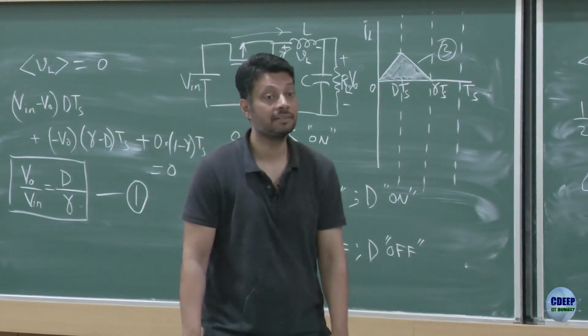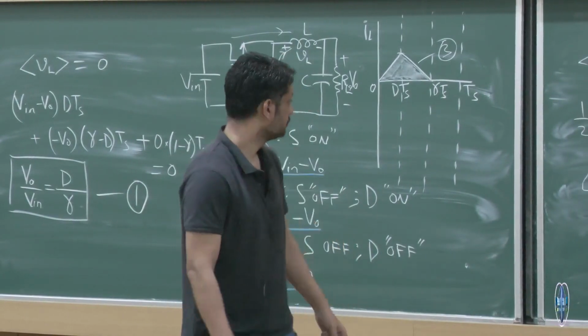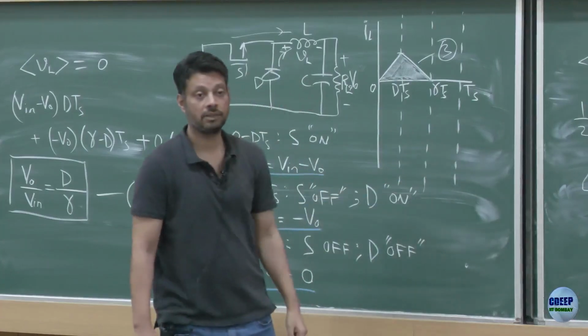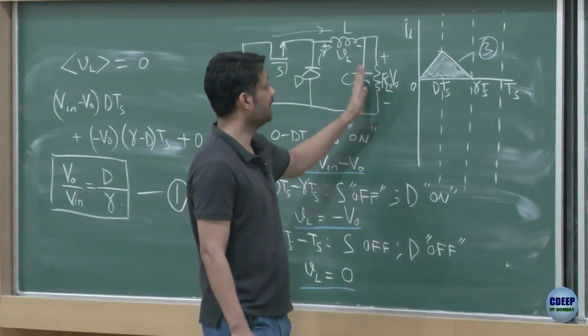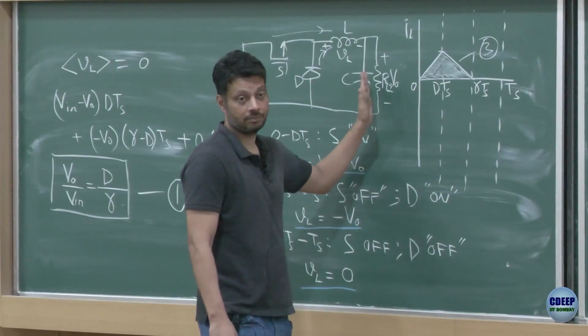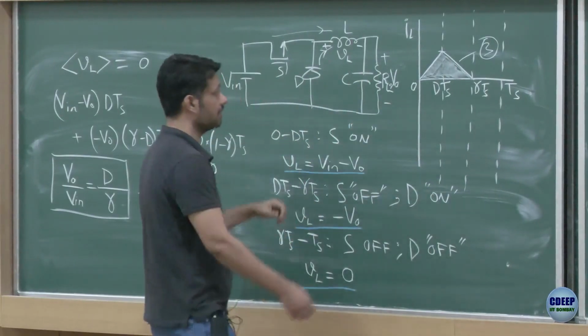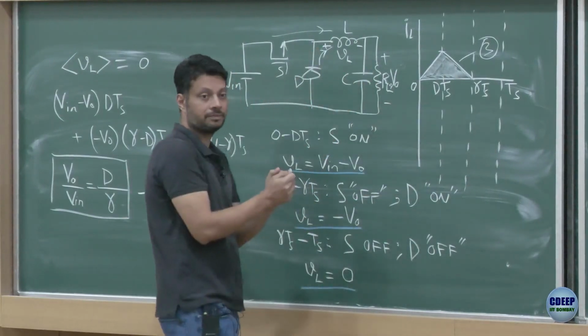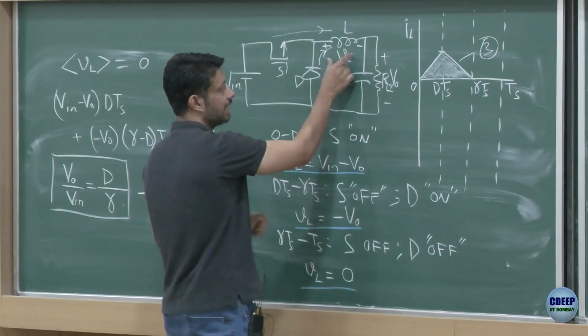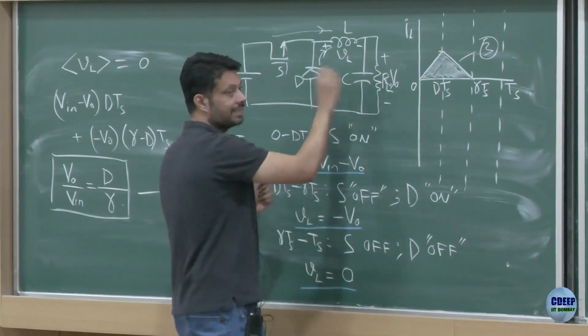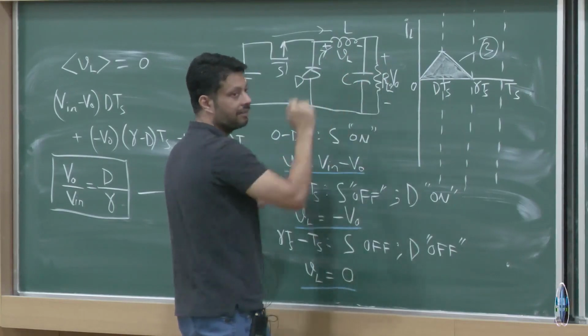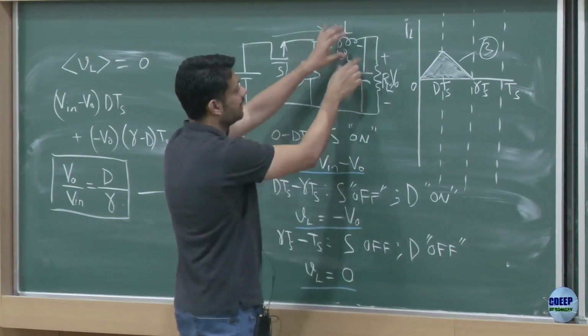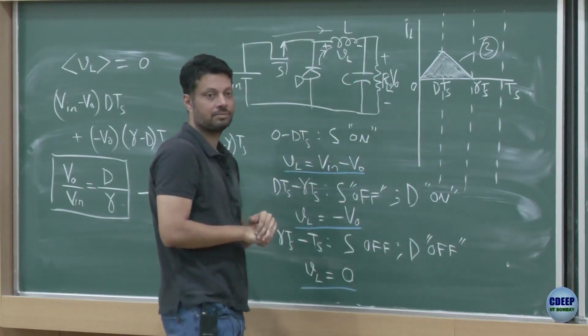After the inductor current goes to zero, this will still flow and it will continue to discharge the capacitor. Look at this circuit. There is a ripple current and there is an average current. This will only take the ripple current, this will only take the average current. So this average current has to be equal to this average current.